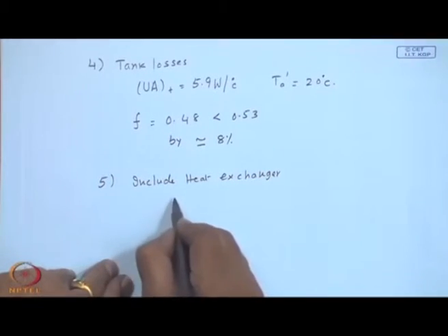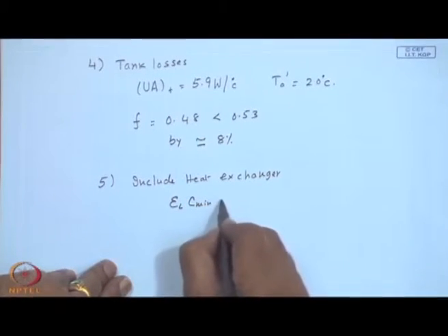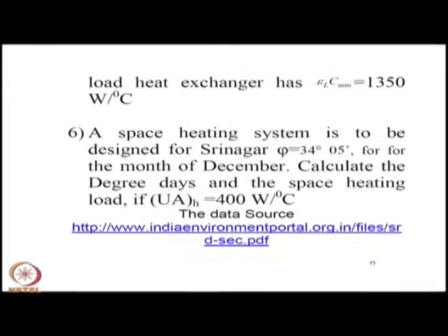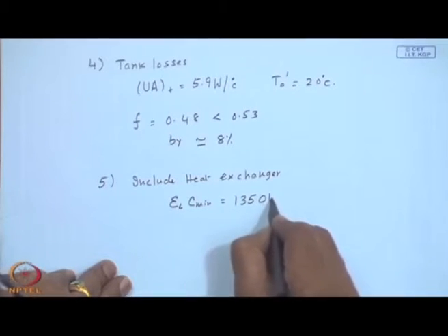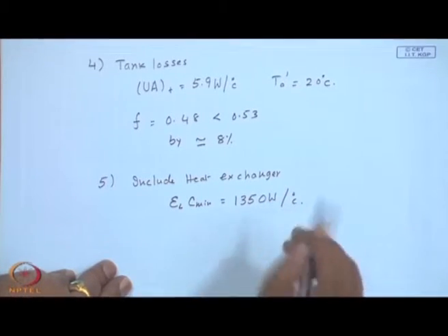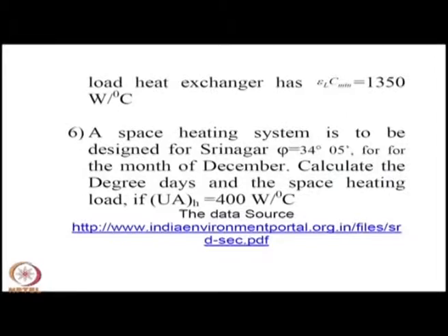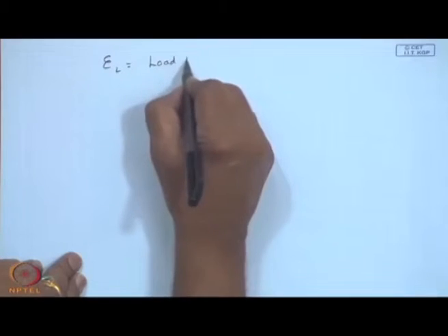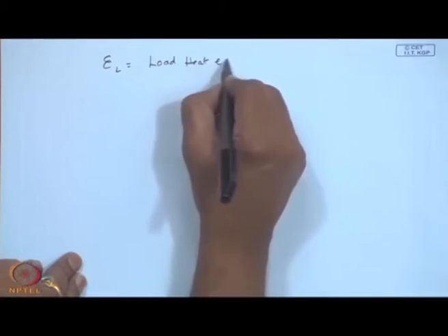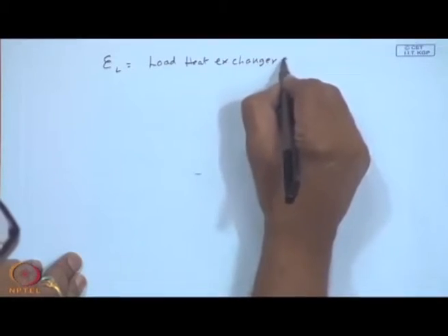which has epsilon_L C minimum equal to 1350 watts per degree C. Epsilon_L is the load heat exchanger effectiveness.